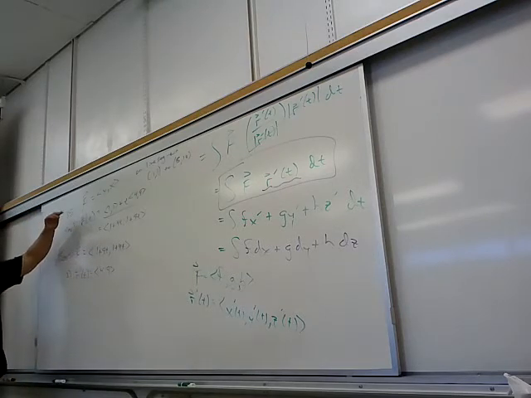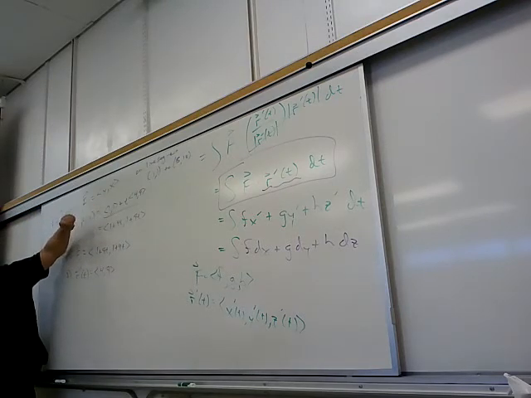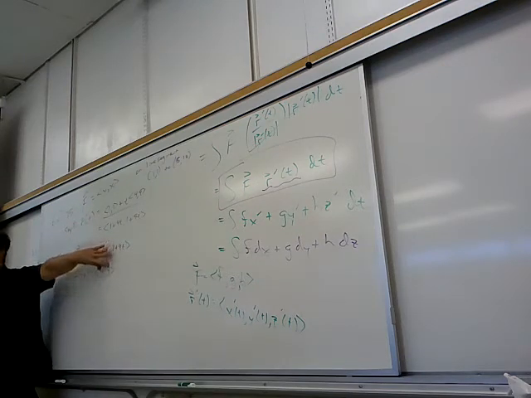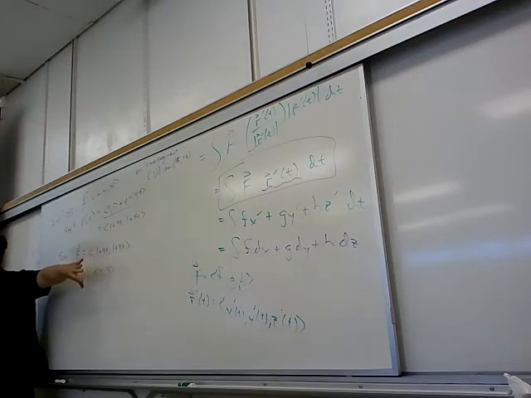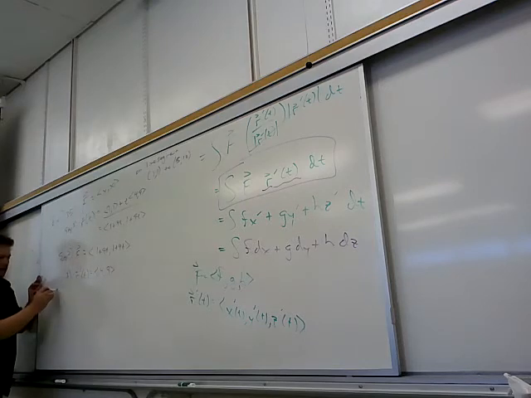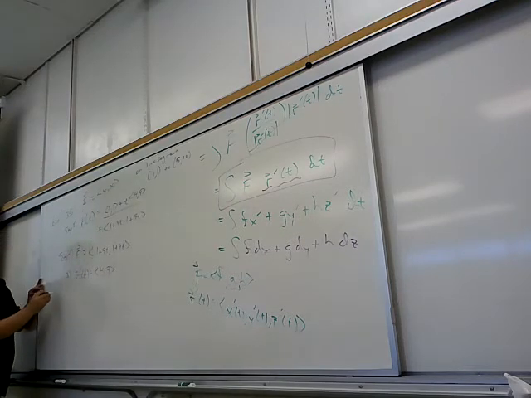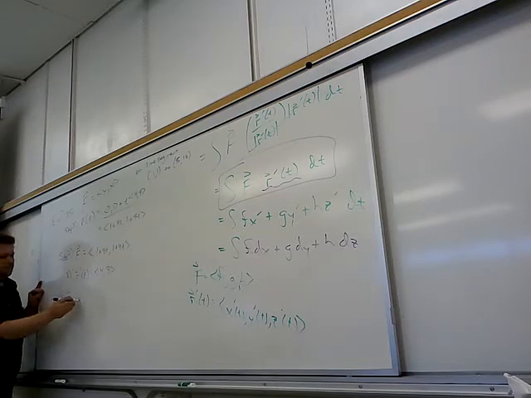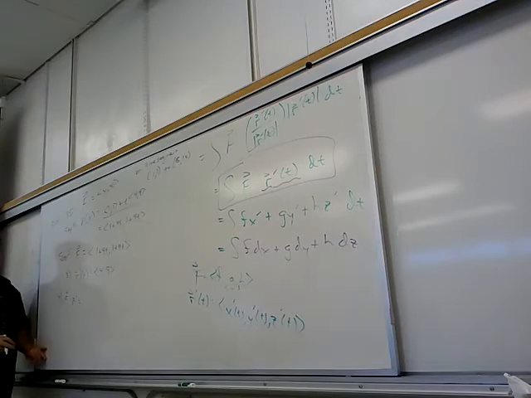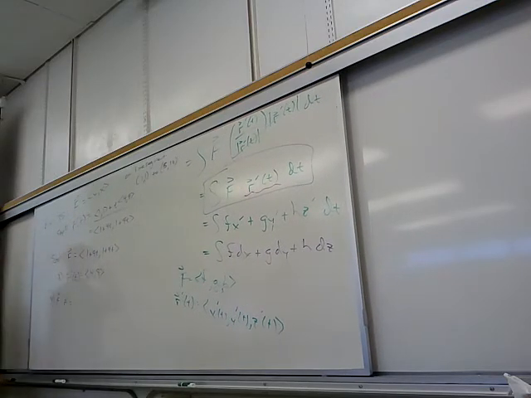So this was not bad at all. I mean, the steps were the same, but this came out to be constant. It's not dependent on t. This step could be a lot worse, obviously. So how do I set up my integral now? What's the last thing I really need to be able to do my integral? I need f dot r prime. And who can see what that's going to be?